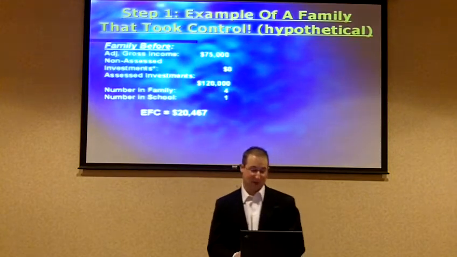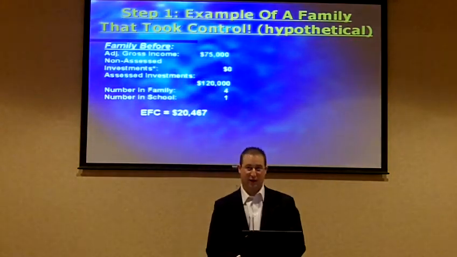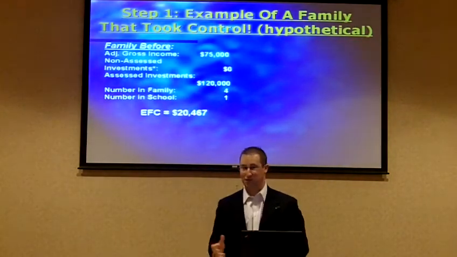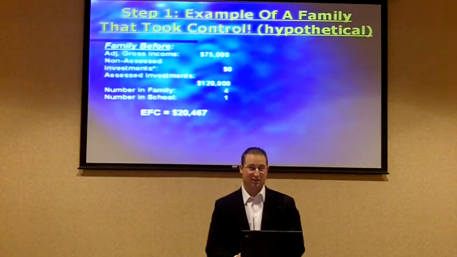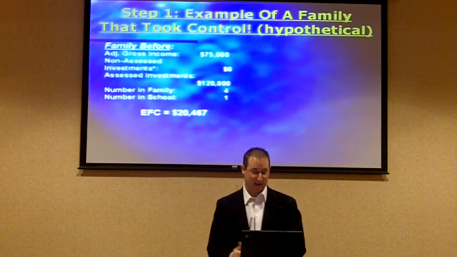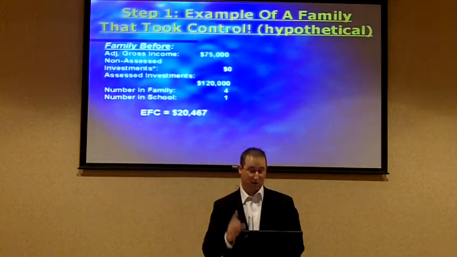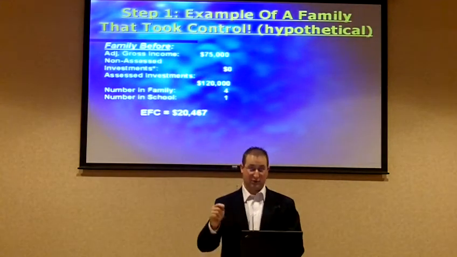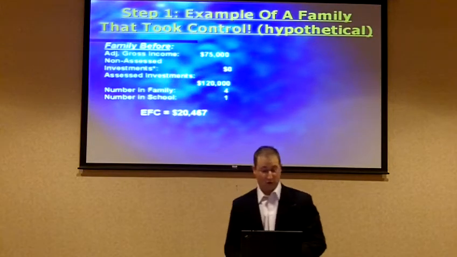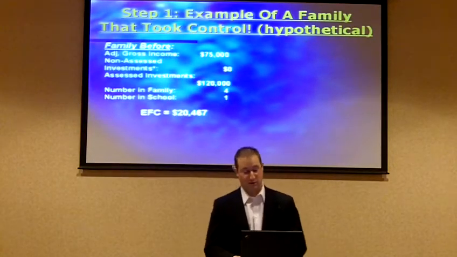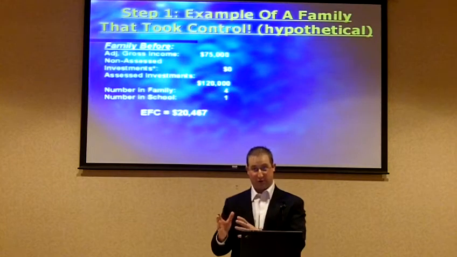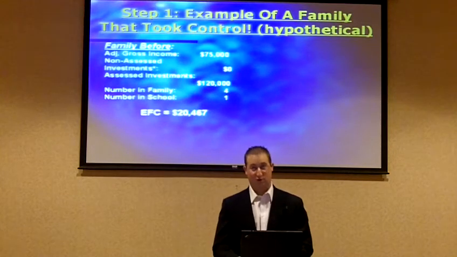And your assessed investments include any investments you might have on the non-qualified side, such as a checking account, savings account, CDs, bonds, anything like that. There's 4 people in this family. They have one student going to this particular school. So according to those numbers, you plug those in, their expected family contribution is going to be $20,467.